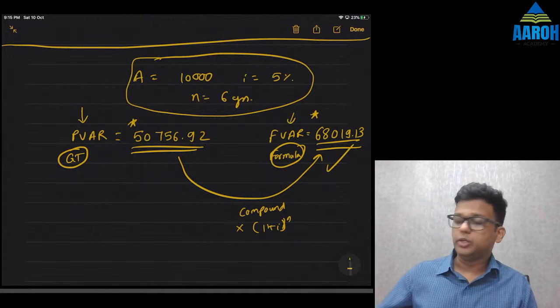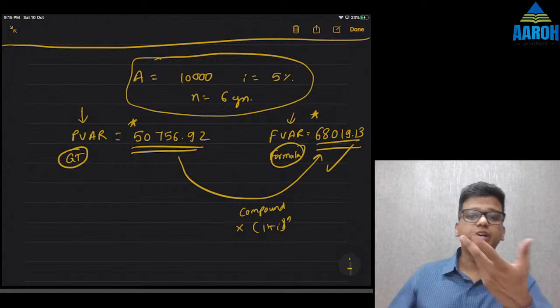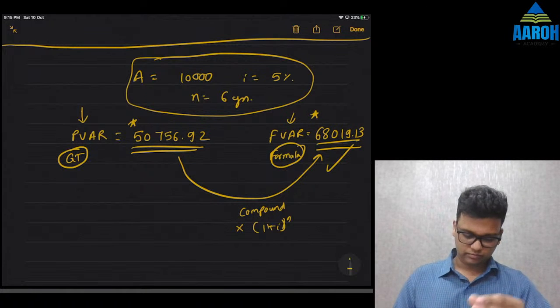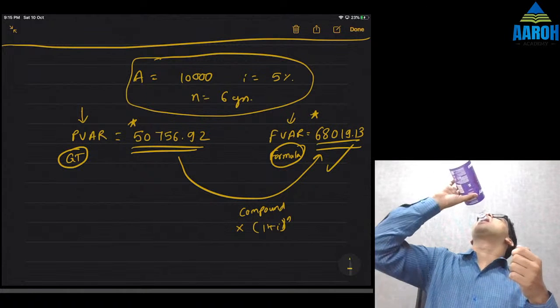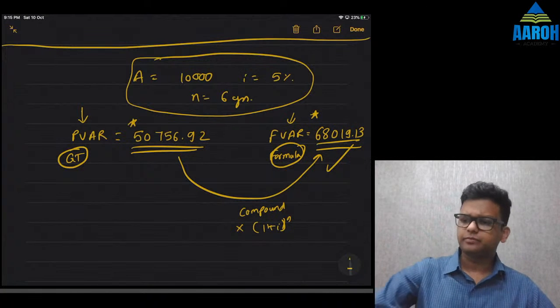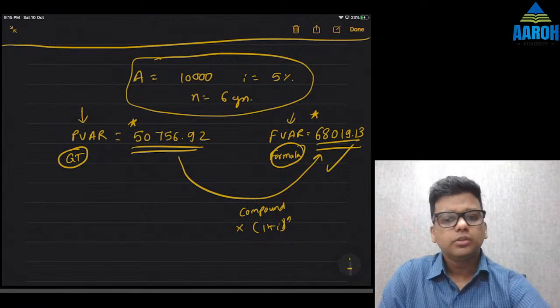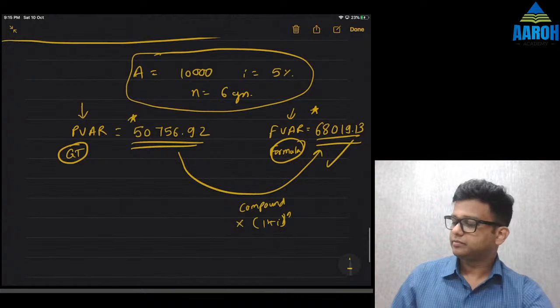You should get future value. We are getting it. If you check, we are getting future value if we compound present value. Fine. So this was about annuity regular.